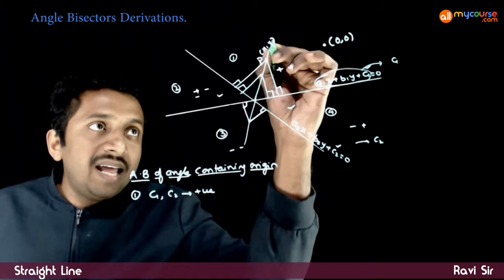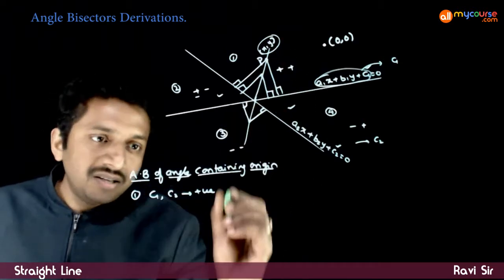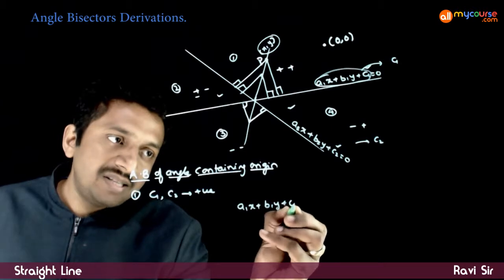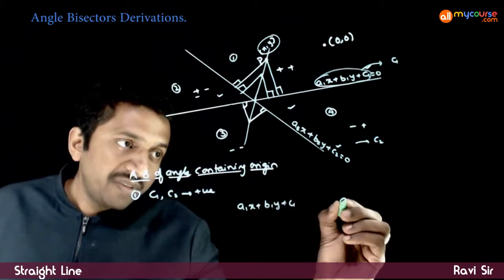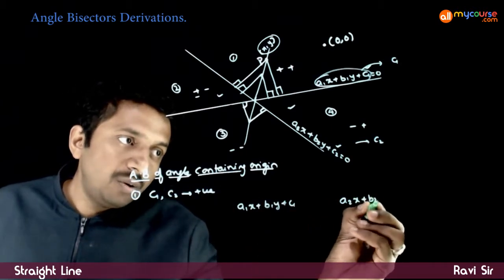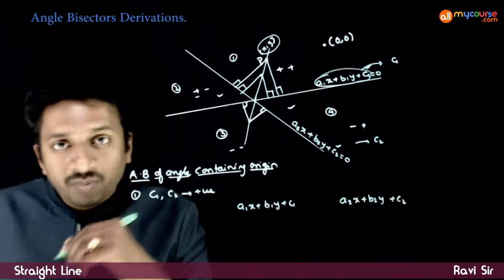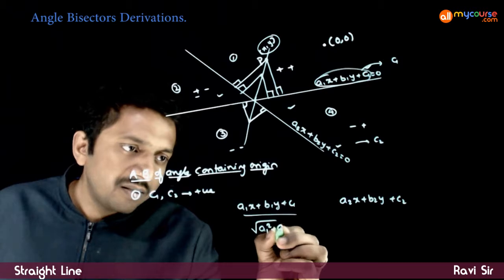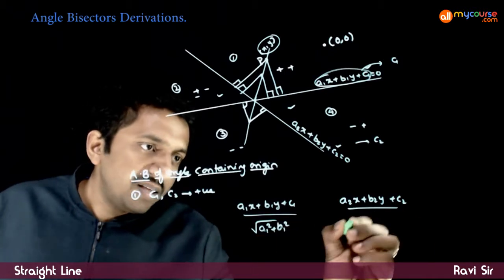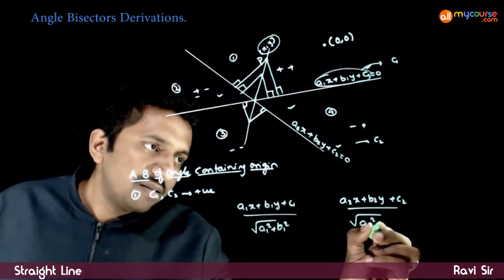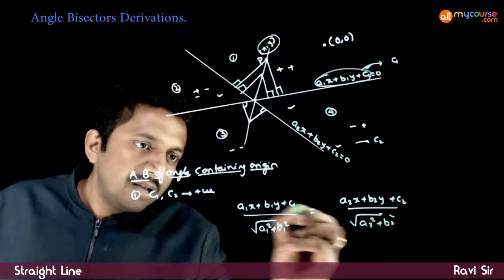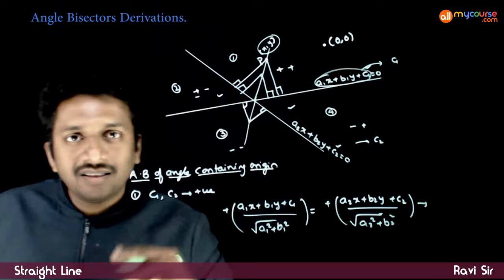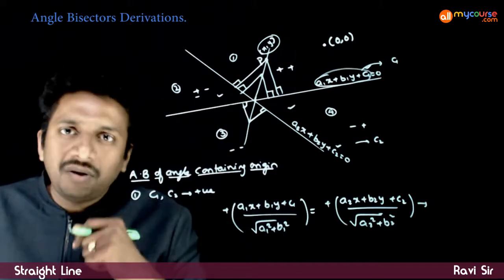If you take a point in this region, a1x + b1y + c1 will be positive and a2x + b2y + c2 will also be positive. So we just need to equate plus of this to plus of this to get the angle bisector of the angle containing the origin.